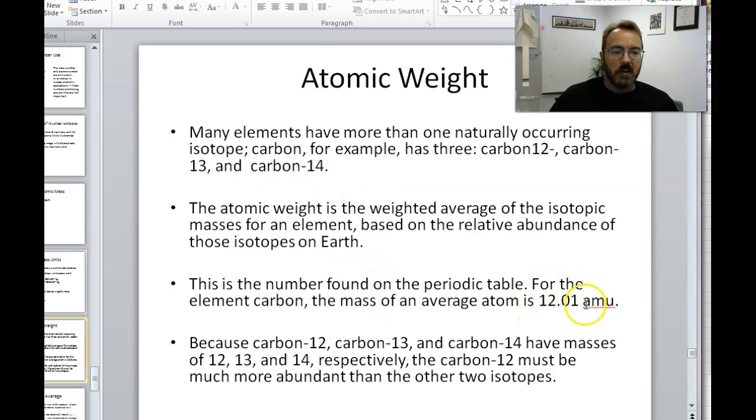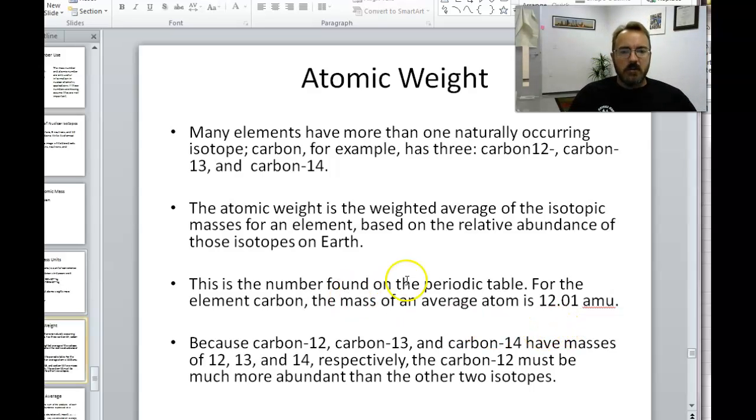Well, when we find the average, we see that it's 12.01 atomic mass units. So the mass number here, 12, meaning in atomic mass units, this is basically going to weigh 12. This is basically going to weigh 13, and this one's basically going to weigh 14. Well, the average mass is just 12.01. So that tells you something about these percentages here, right? Carbon is mostly carbon-12.